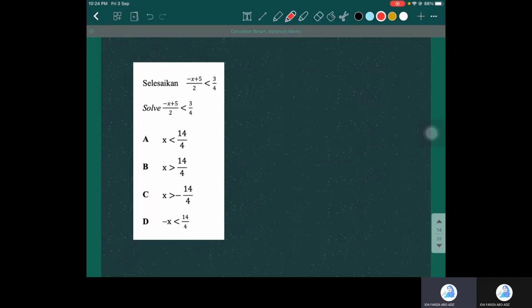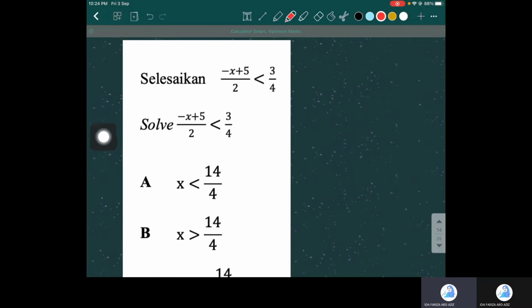Okay, seterusnya. Next question. Sorry, tadi I thought that we have done with inequality. Rupanya ada lagi satu soalan saya sediakan. Okay, for this one, kita ada linear inequality and both sides are fractions. Dan soalan macam ni pun sebenarnya untuk students yang lemah algebraic, you boleh guna calculator direct.